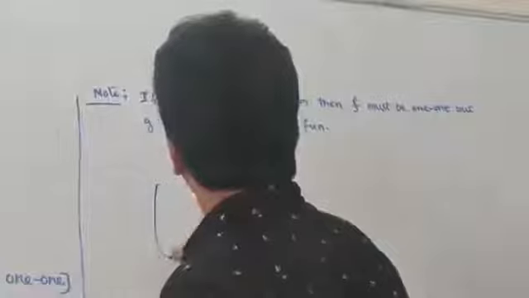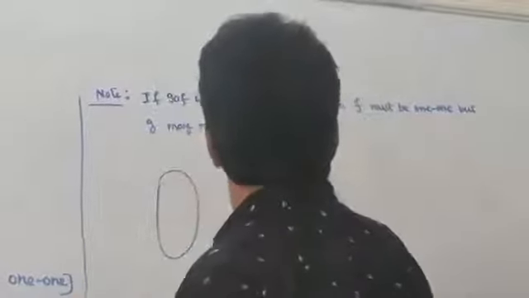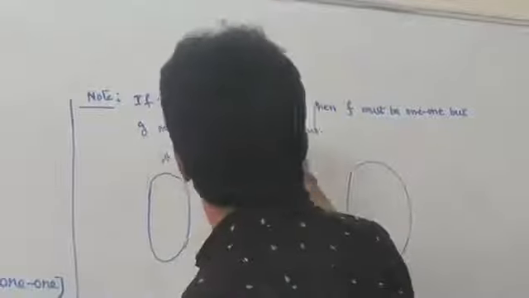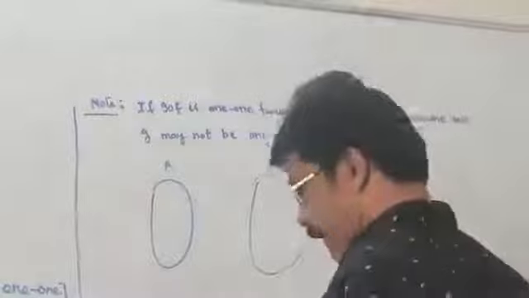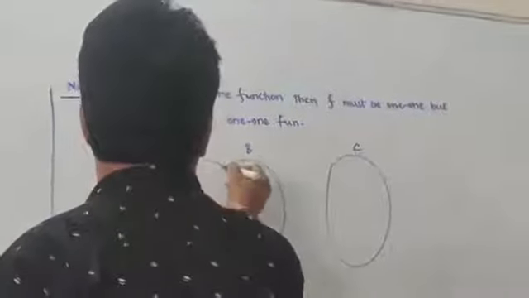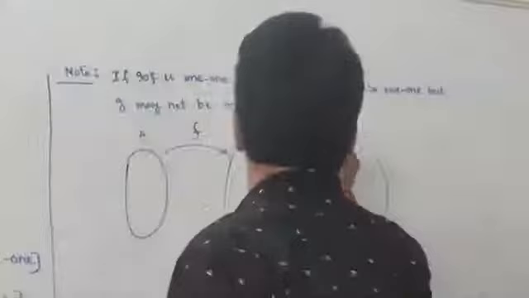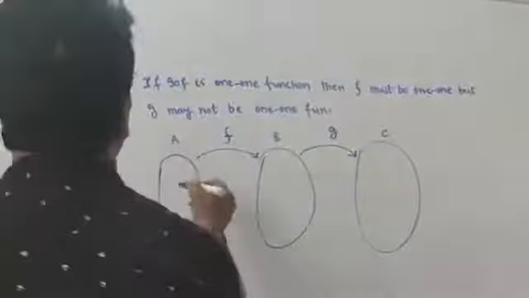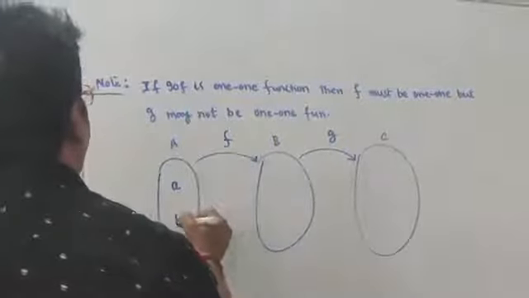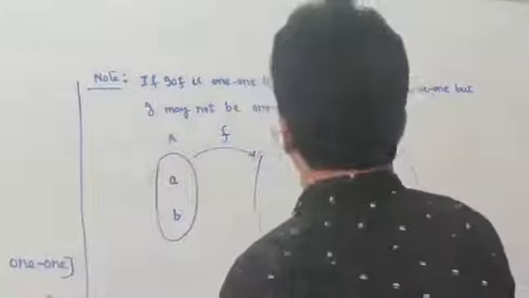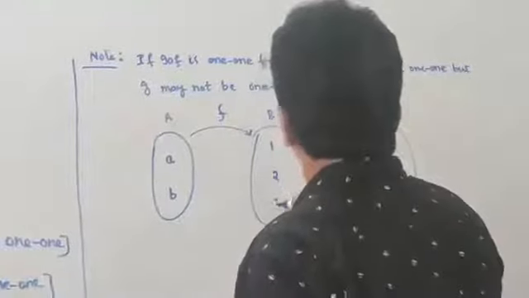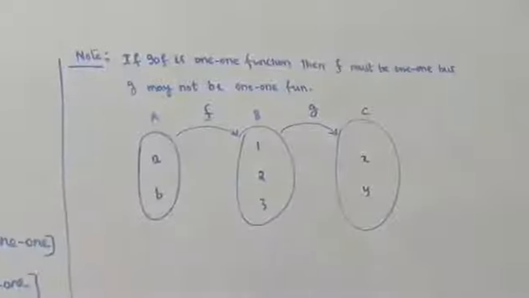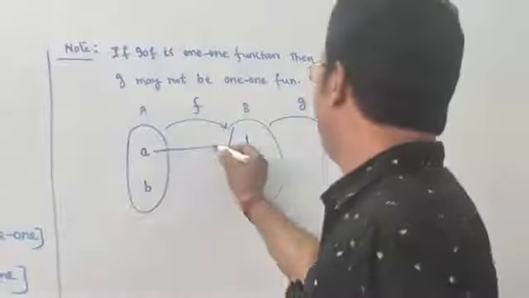Here capital A, capital B, capital C: A, B, C. So A to B, F is defined. G, B to C is defined. Here A, B. Take 1, 2, 3, X, Y. A is mapped with 1.